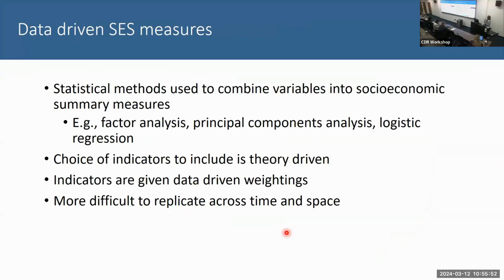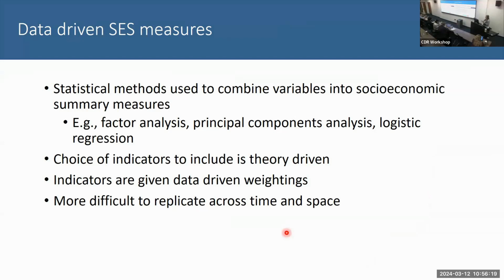So the third way that we can make socioeconomic measures is using data-driven methods. And this uses statistical methods to combine variables into summary measures. So different approaches that you could choose would be factor analysis, principal components analysis, and logistic regression. However, we still need to think about the theory behind the socioeconomic status of the neighborhood when we think about which indicators to include.